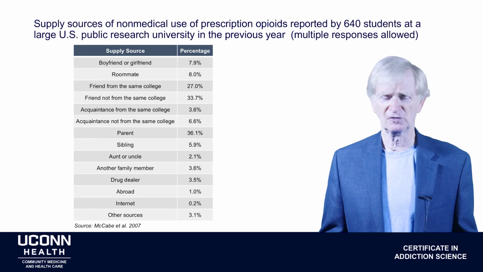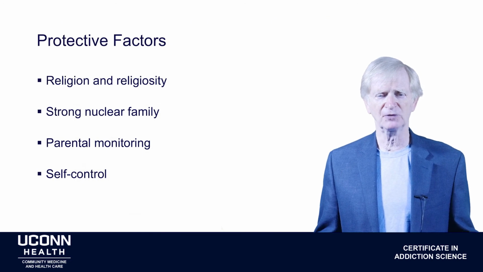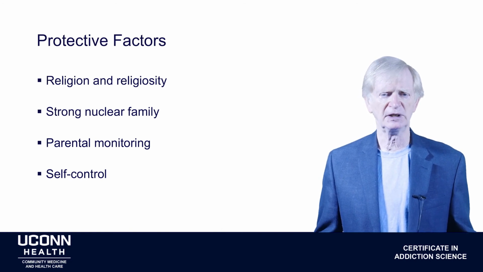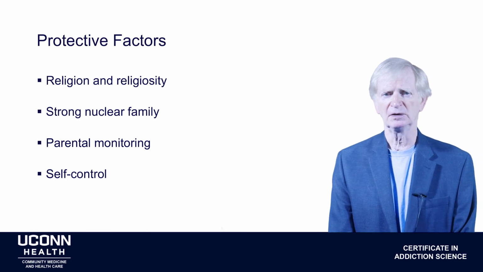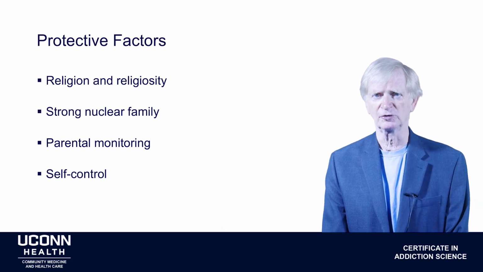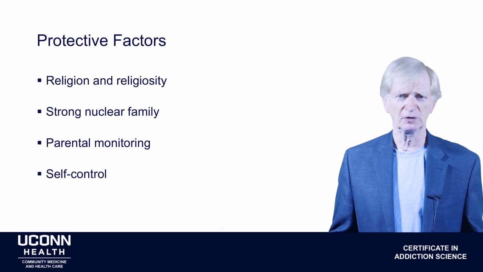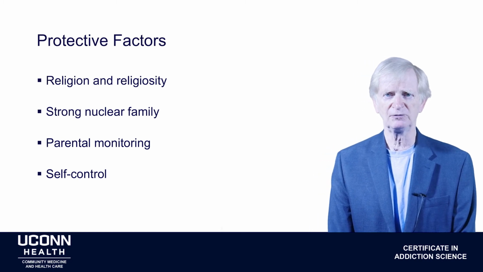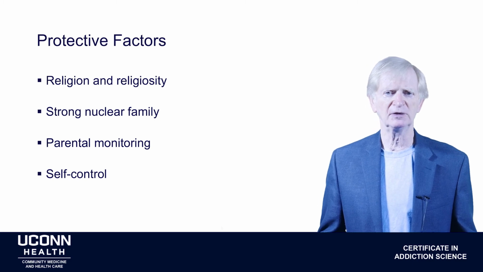In contrast to the risk factors that occur at the structural level and at the social level, we have protective factors that may prevent people from exposure. And the key protective factors that have been investigated in different types of psychosocial research are religion and religiosity, a strong nuclear family, parental monitoring of young people's behavior, and self-control characteristics in individuals.